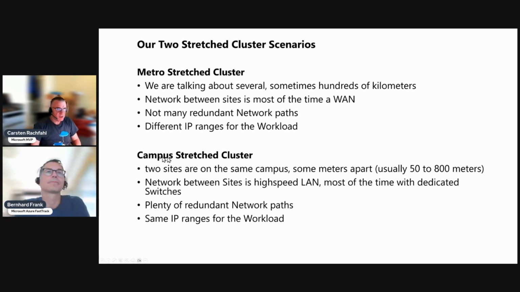And I have to say, this scenario is the most used scenario in at least Germany. Maybe in the US, this is the most used scenario, but in Germany, we have this a lot. And I talk to other people in other countries, even in Great Britain or Austria, Switzerland, whatever. You often have this campus stretch cluster.